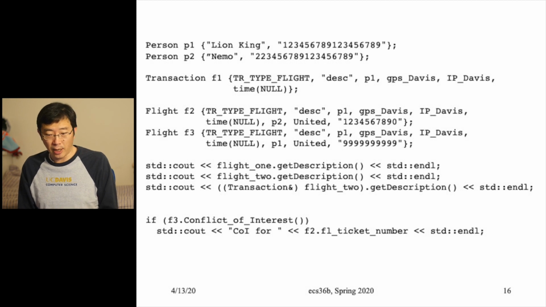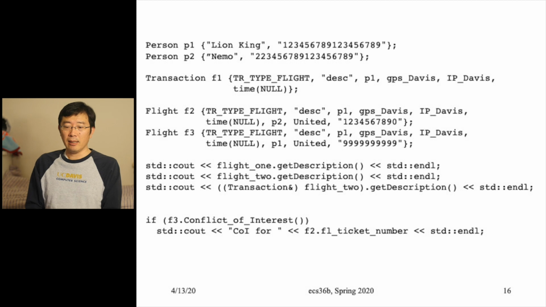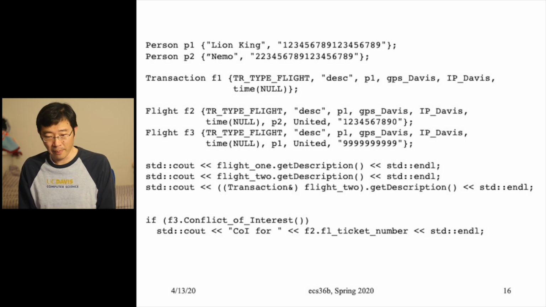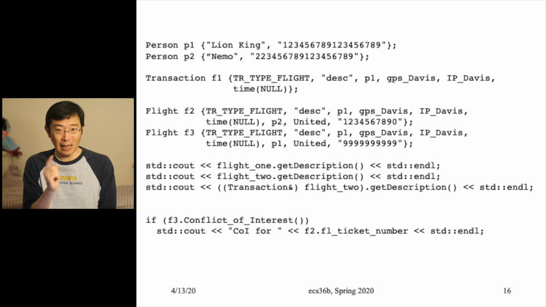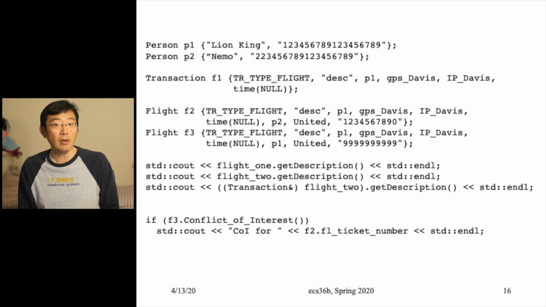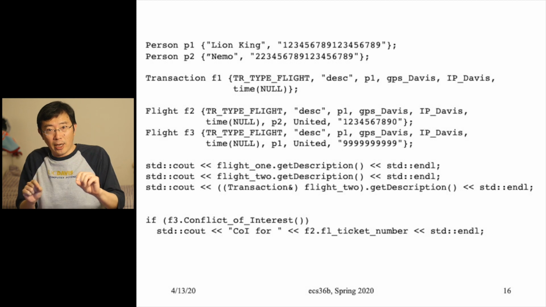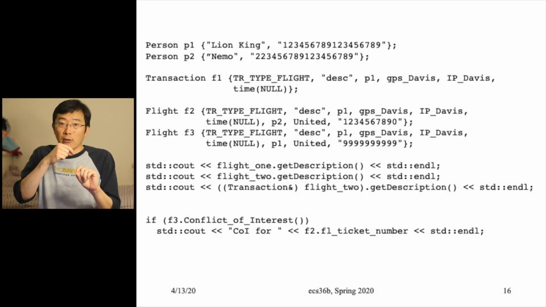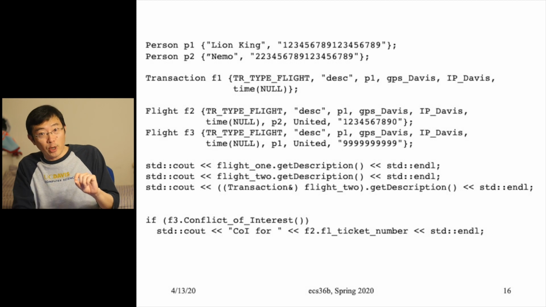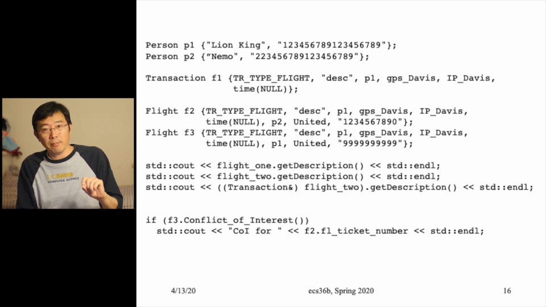Now when I call get description on the transaction object, this part is tricky: the virtual function is going to make a difference. If it's not defined as a virtual function, then get description will just print the regular transaction version. But because I already defined get description as a virtual function, the runtime system, not the compiler, is tracking the object and realizes that the original class this fly2 was created from was actually Flight.